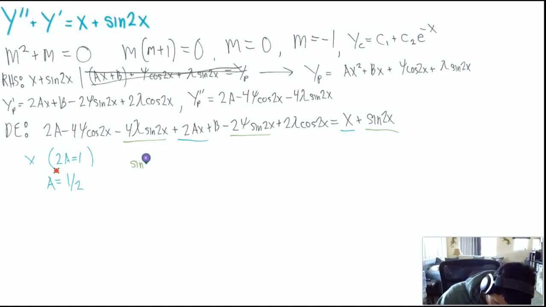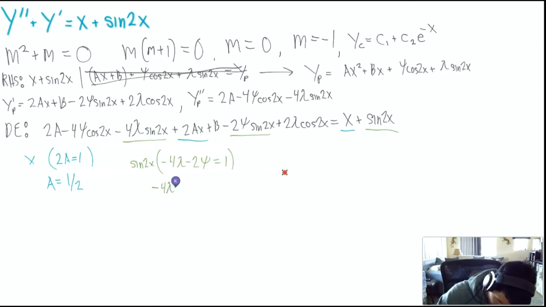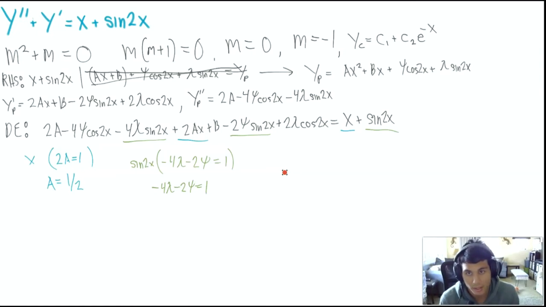Sine 2x is equal to negative 4 lambda minus 2 tritant, which is equal to 1, because there's only just a 1 on this side. Okay, and then if we ignore that sine 2x, we get to see that 4 lambda minus 2 tritant is equal to 1. Now we got to hold on to that piece of information and do a little bit more.